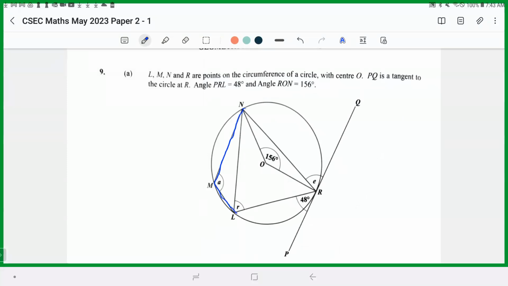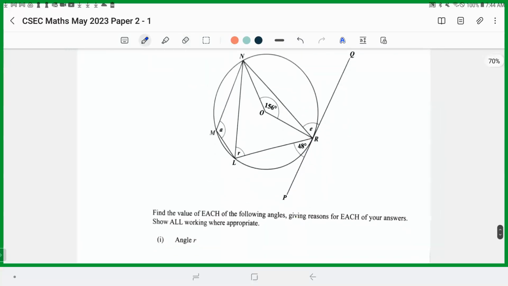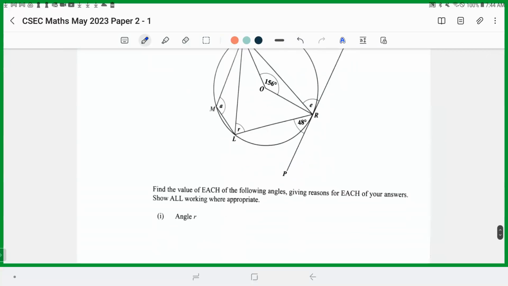So right off the bat, this is a cyclic quadrilateral, with 4 vertices on the circumference. The center is O, PQ is a tangent at the point R, and the angle here is 48 degrees, the angle between this tangent and this chord. And the angle at the center right here is 156. The question says, find the value of each of the following angles, giving a reason for each of your answers. Show all workings where appropriate.